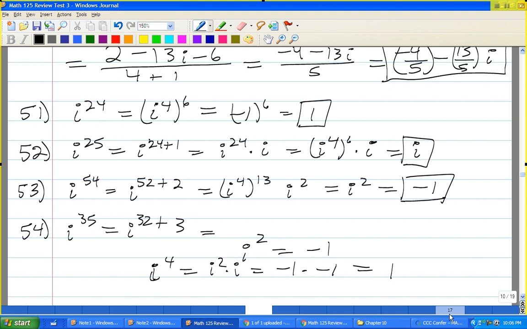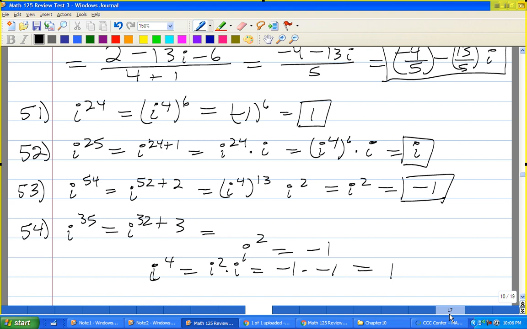In this case, 52 is a multiple of 4. 52 is 4 times 13. And so that i to the fourth becomes 1. And so that's the basic idea, you're trying to peel off multiples of 4. Okay?